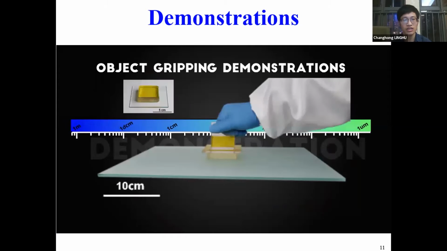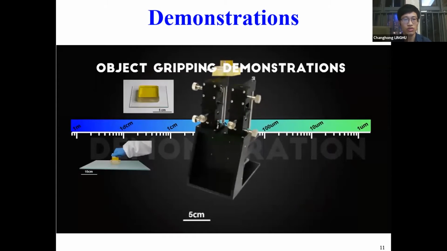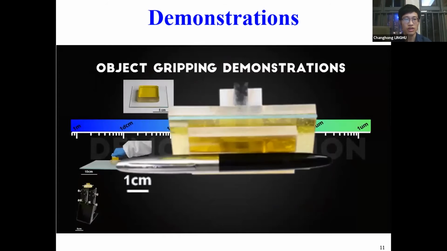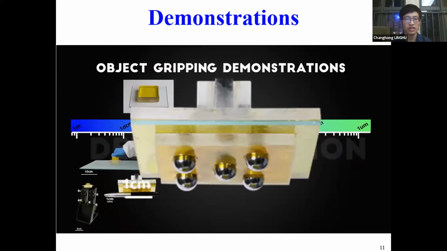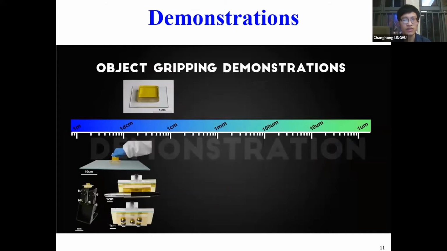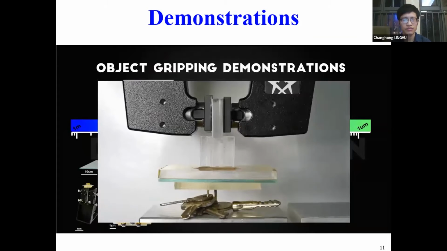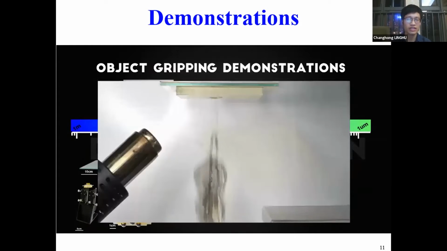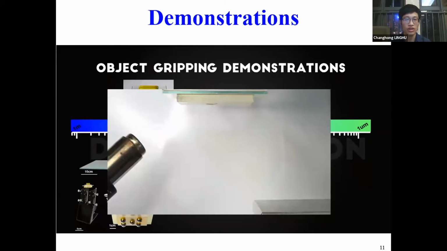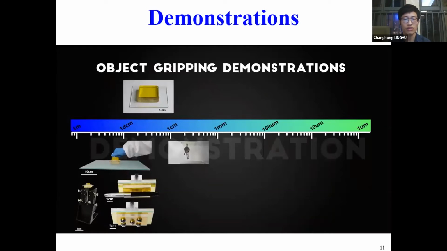We can scale the SMP block down to handle objects at different scales and of different geometries. Here, as a simple demonstration, we use a heating gun to drive the release of the object.